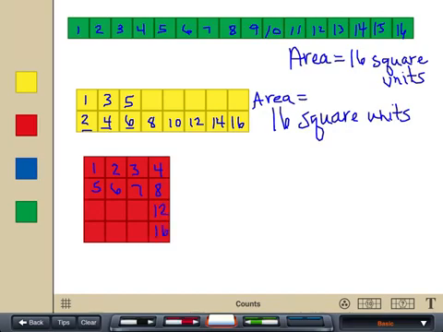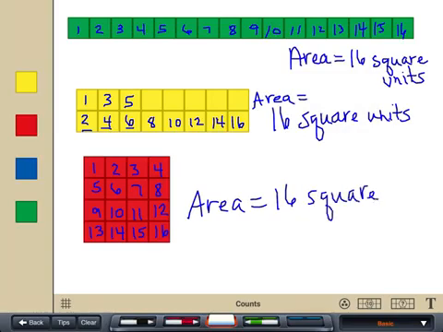And we can always double check. 9, 10, 11, 12, 13, 14, 15, 16. So this also has an area of what? 16 square units.